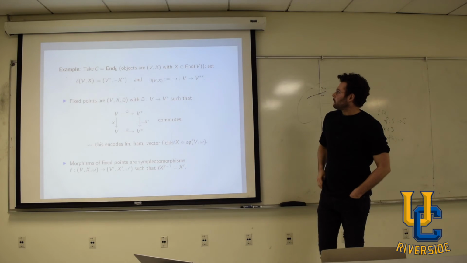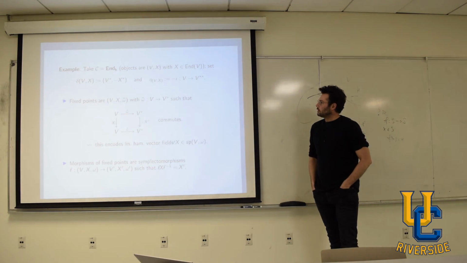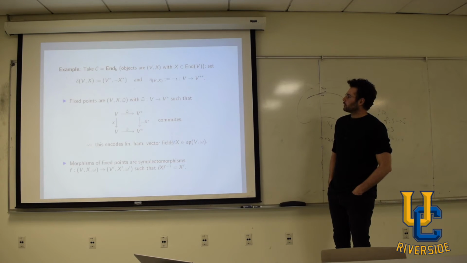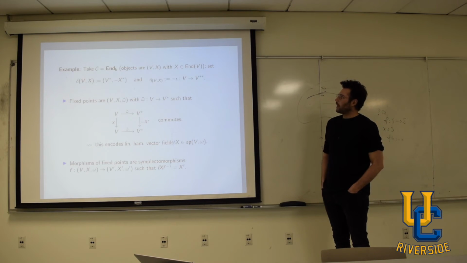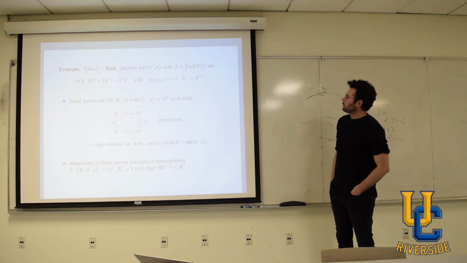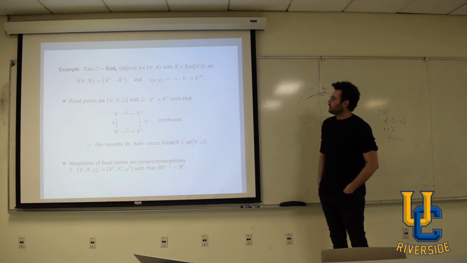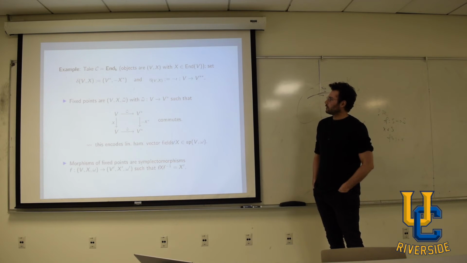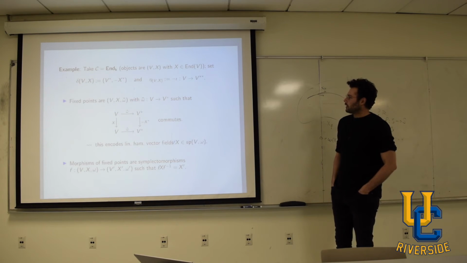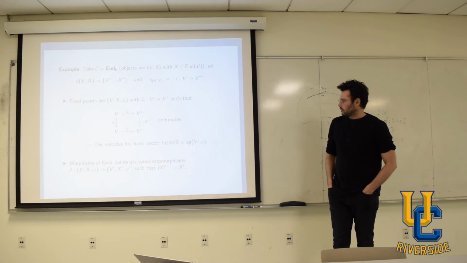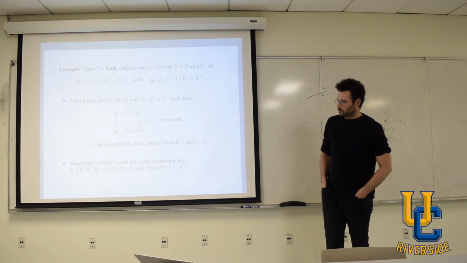And another example was the linear Hamiltonian vector fields. Here we take objects which are vector spaces with an endomorphism X, which we want to make Hamiltonian, and our involution will send V together with X to V star together with minus X star. The fixed points are the linear Hamiltonian vector fields, and the morphisms do what we want.